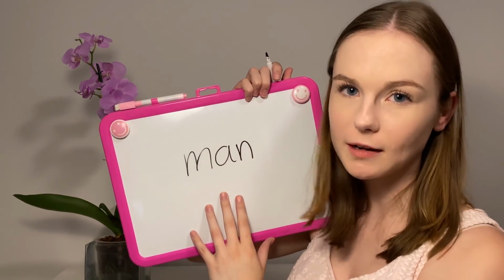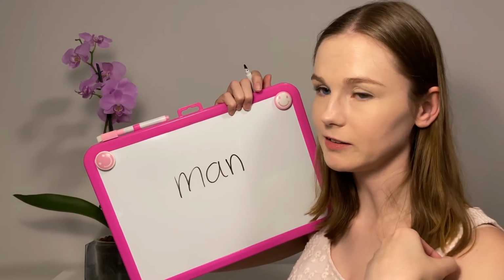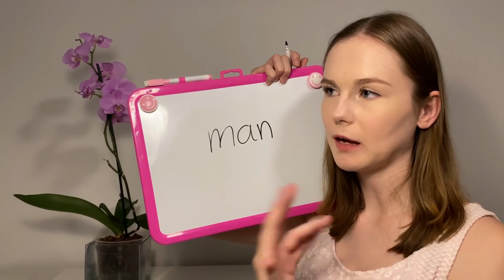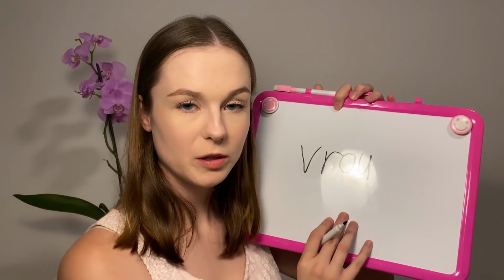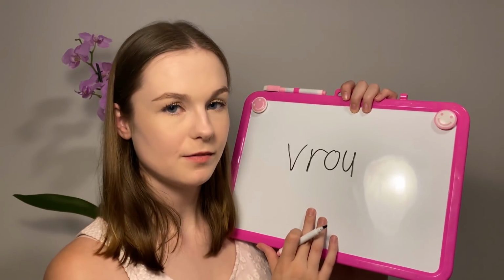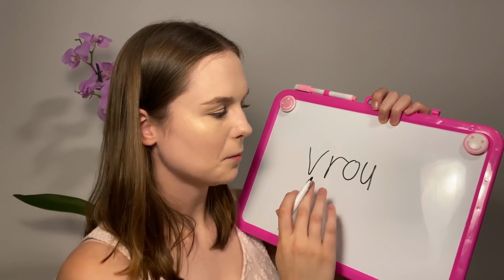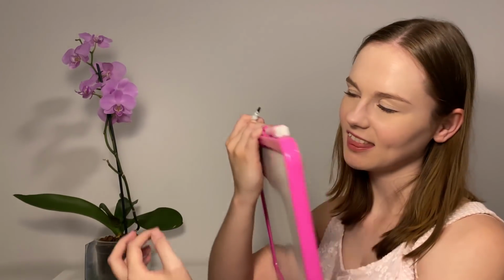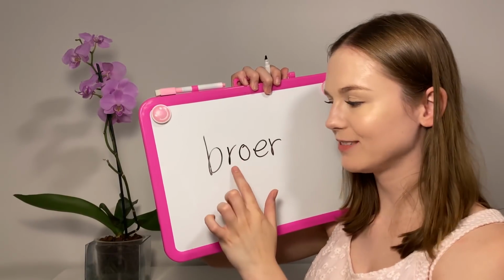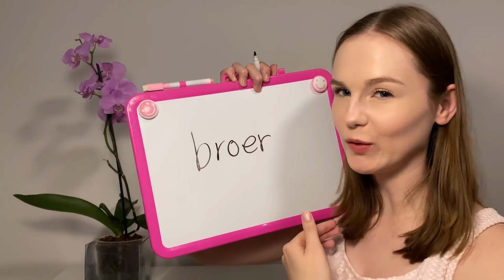Then man means man, like in English, but it also means husband. So my man, my husband. And then woman means vrou in Afrikaans, but it also means wife. So my vrou is my wife. Then we have brother, and it has two R's, so it's broer.